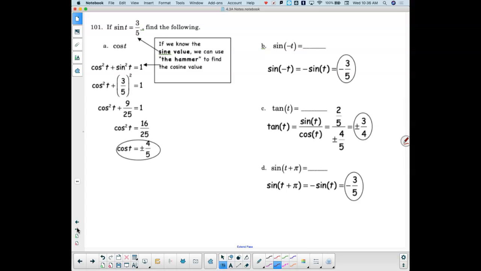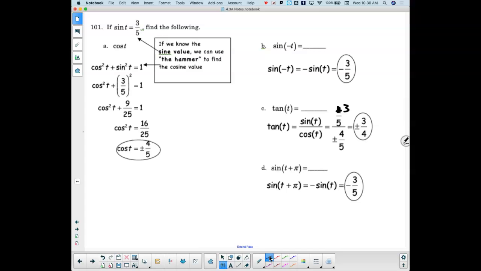Tangent of t is the sine divided by the cosine. The sine should have been 3/5 there, because the sine is 3/5.